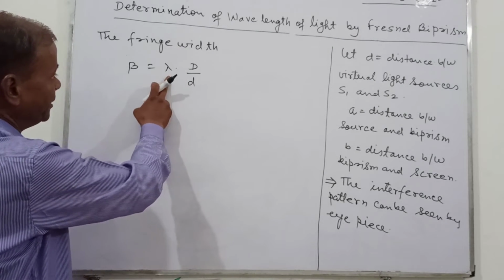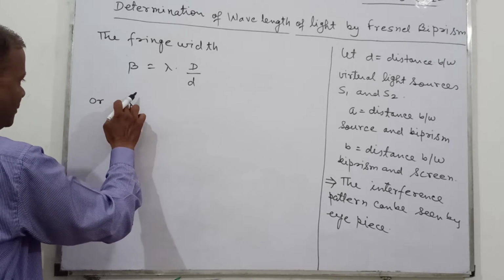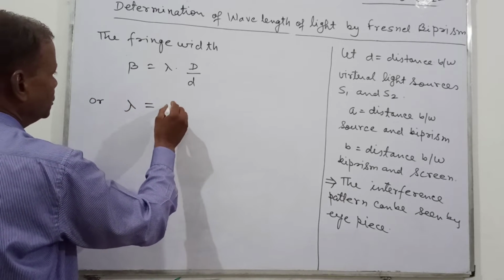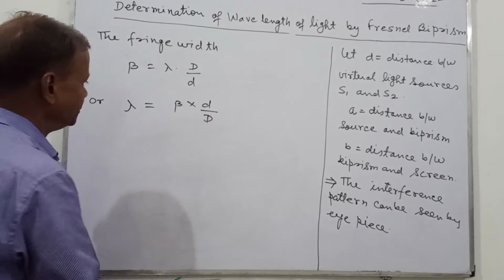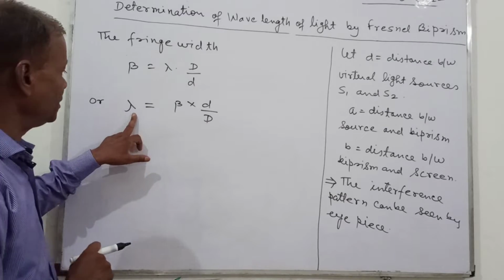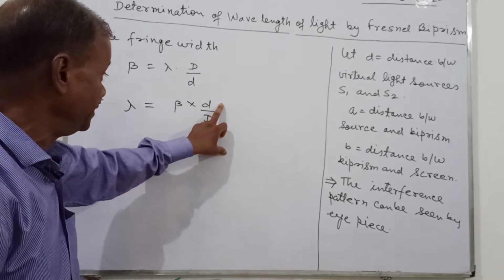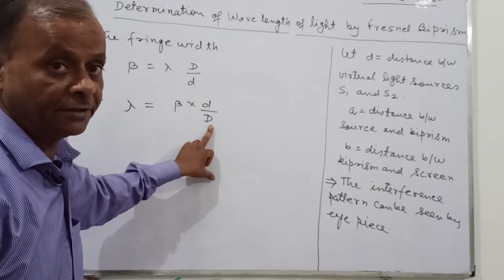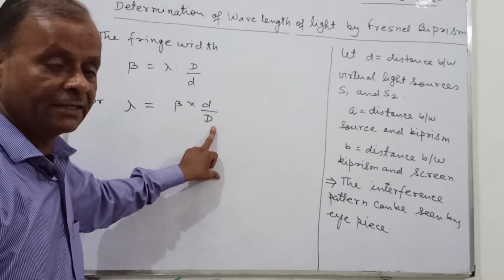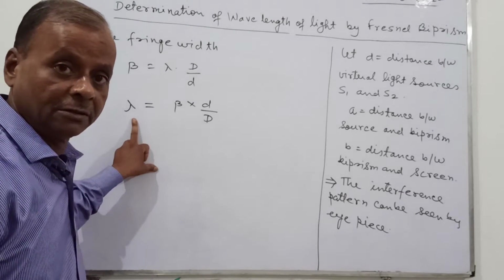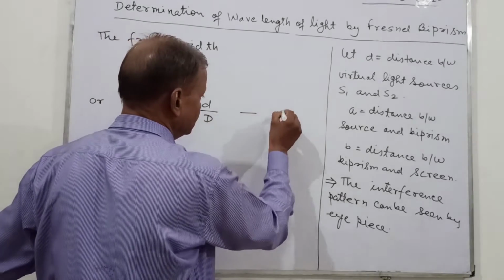We have to find the lambda, or lambda equal to beta into d upon D. So to calculate this lambda, we have to know the value of beta, the value of small d and the value of capital D. These three quantities must be known to us. Then we can find the wavelength lambda. So this is equation number 1.